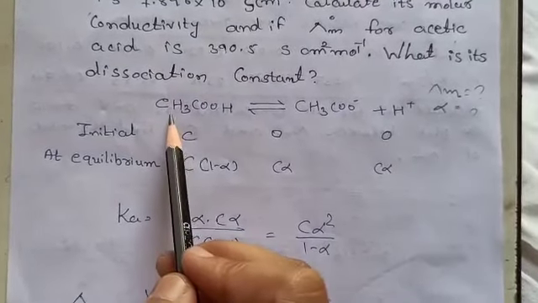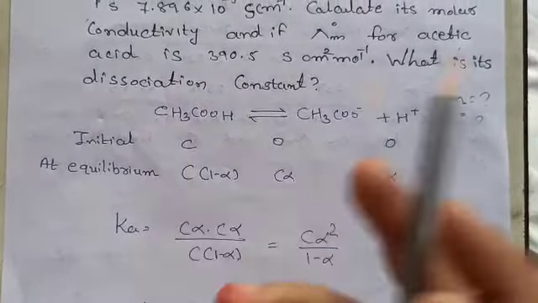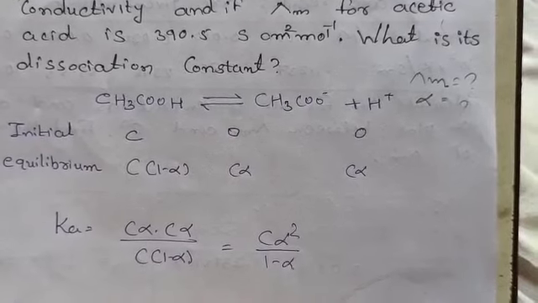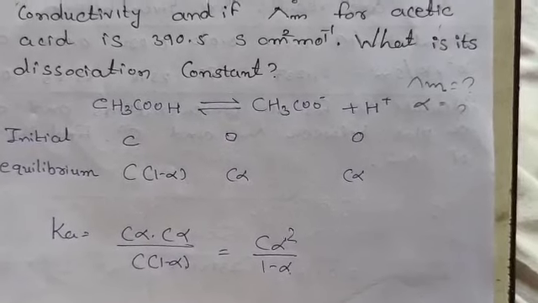The formula of acetic acid is CH3COOH. So acetic acid is ionized into CH3COO minus and H plus ions. Initially, the concentration of acetic acid will be C and the concentration of the ions will be 0.